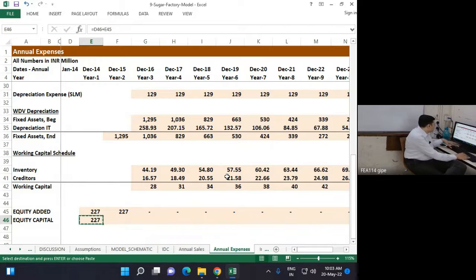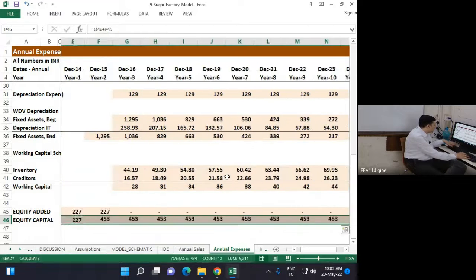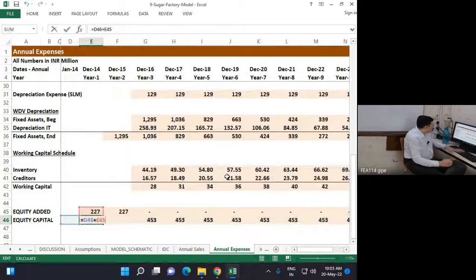So last year's equity capital plus the amount of equity added in the current year. It will automatically get rounded because comma style is applied there and decimals have been reduced.